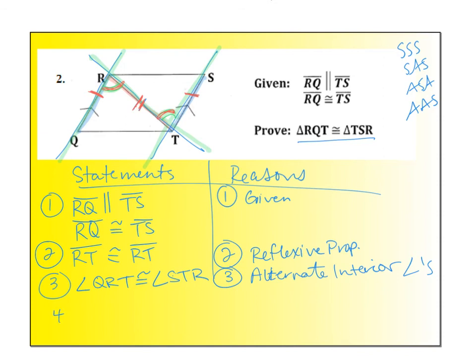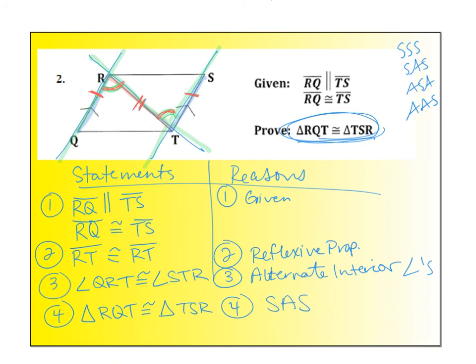So step number 4 is what we're trying to prove. Remember, your last statement is always whatever you're trying to prove. So triangle RQT is congruent to triangle TSR. And the reason is I have a side, an angle, and a side that correspond with each other in the 2 triangles.